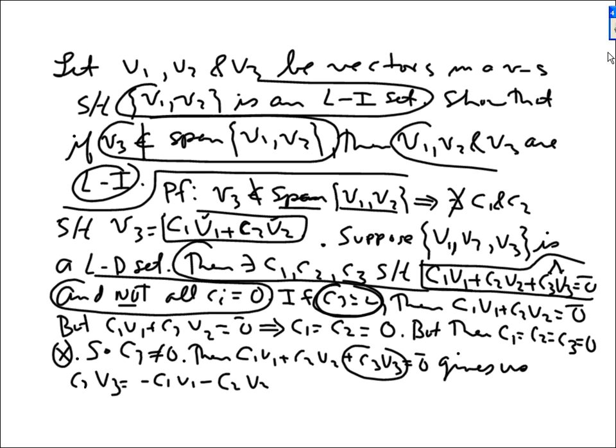But I'm going to divide by the non-zero number. So I wrote V3 as a linear combination of the other vectors.